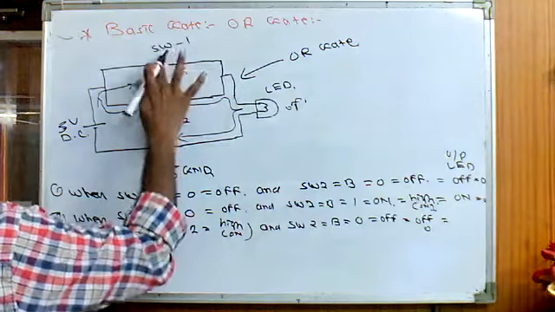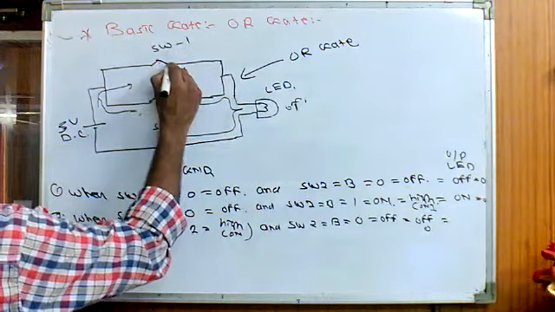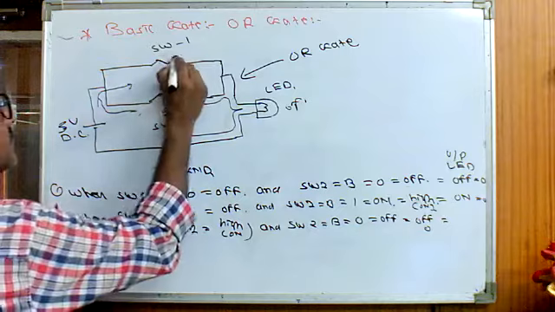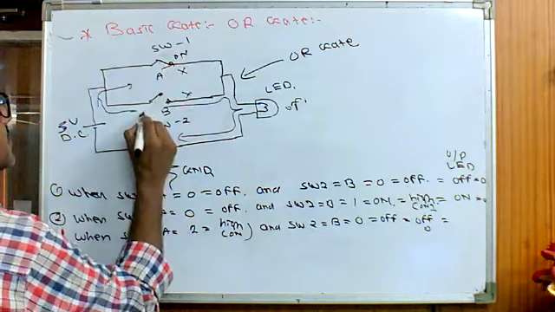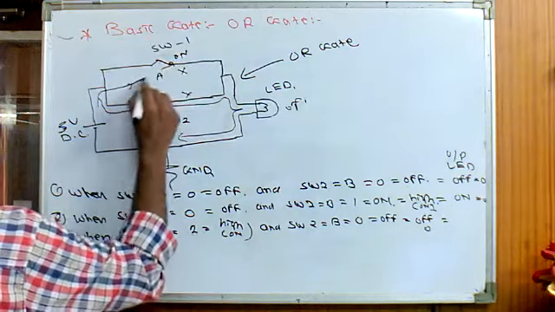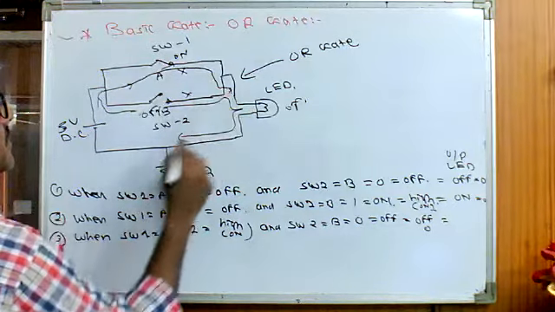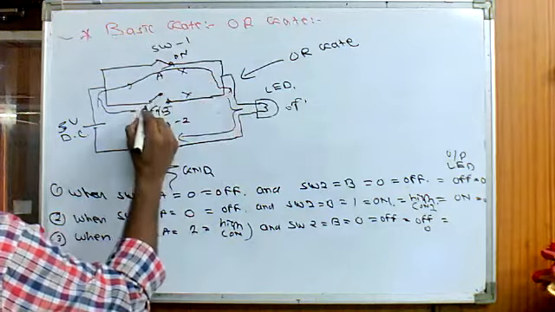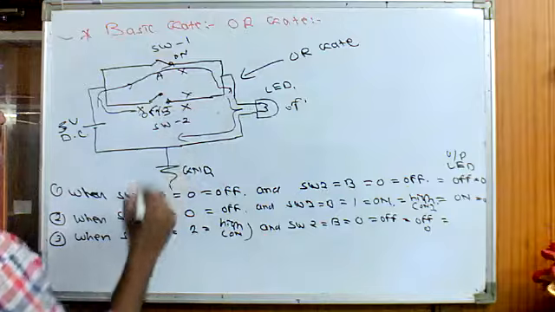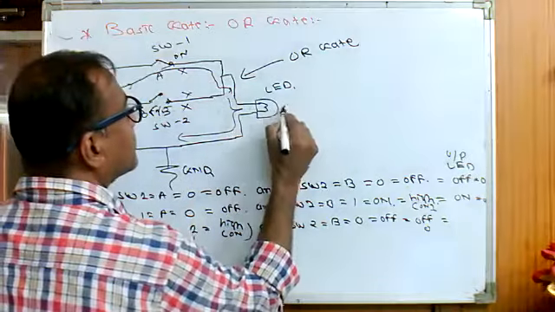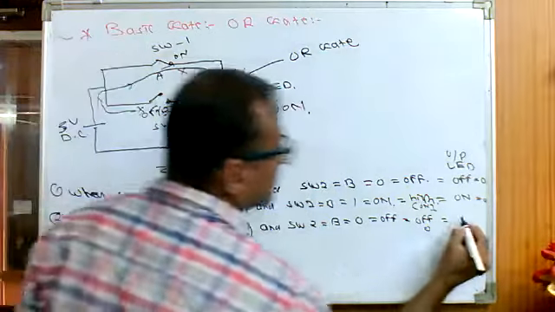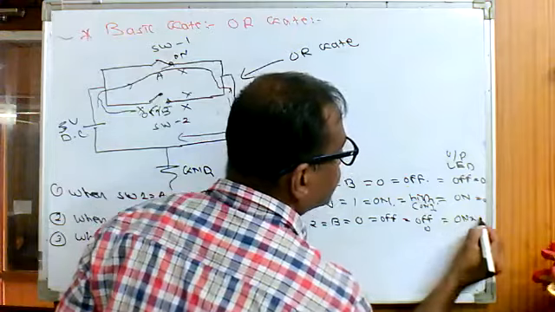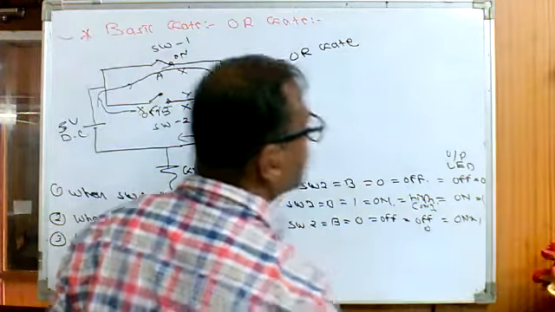The circuit is completed through switch 1, and current passes there, with no current through the other. So the LED is on. Output is 1.